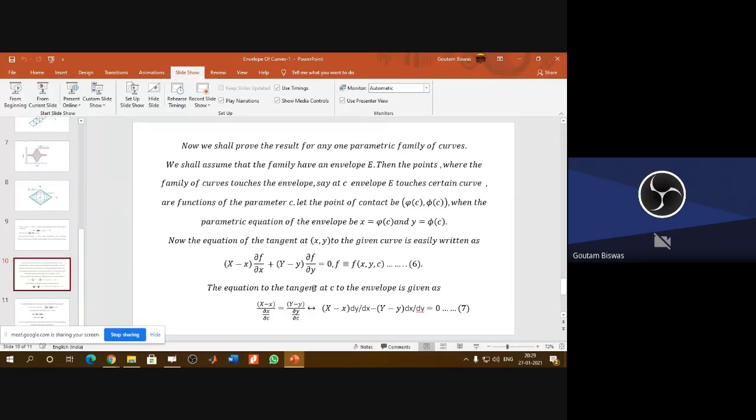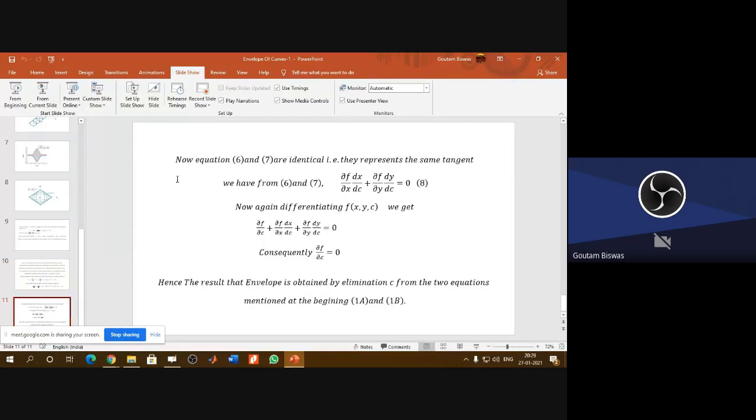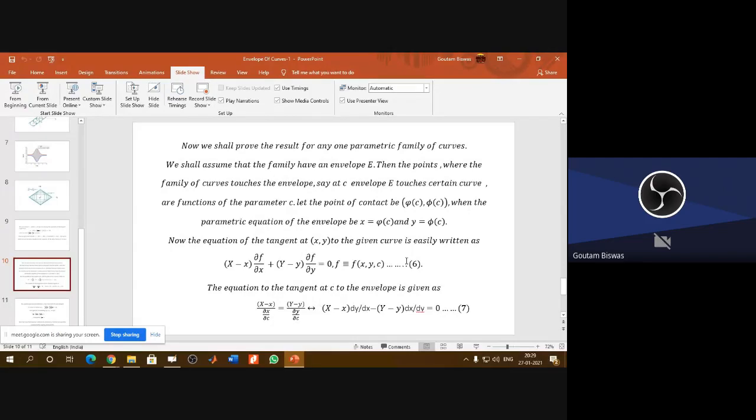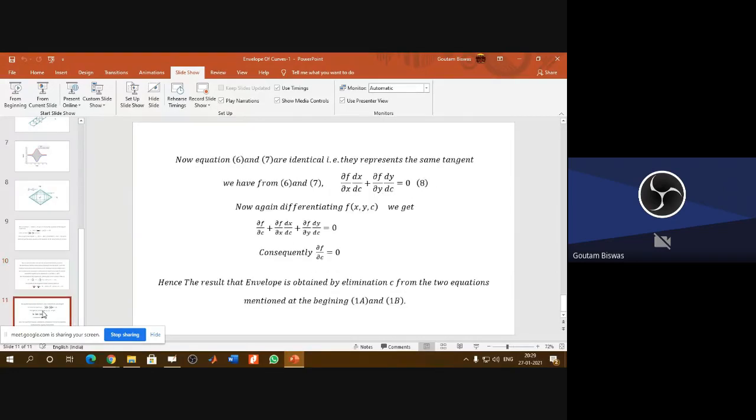Tangent at C, remember. Now 6 and 7 are both tangent equations. This is from our calculus and this is from geometry. So these two equations are the same.